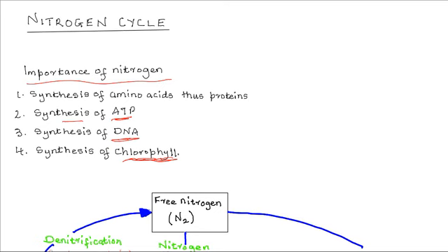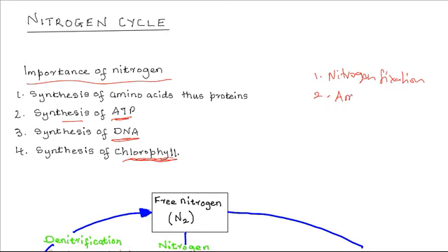The nitrogen cycle consists of four main processes. The first one is known as nitrogen fixation.